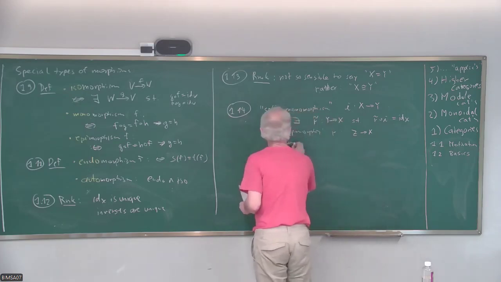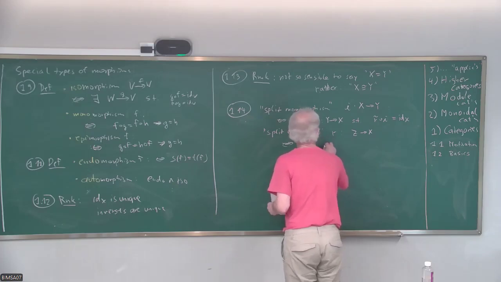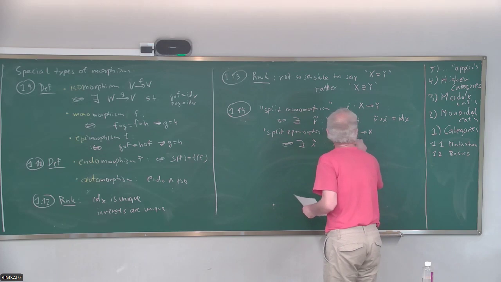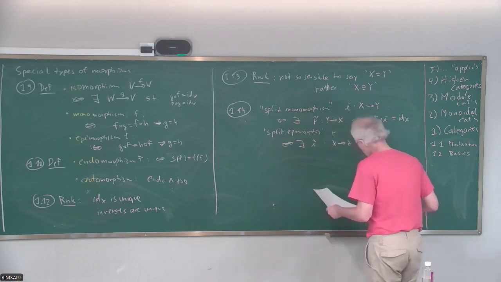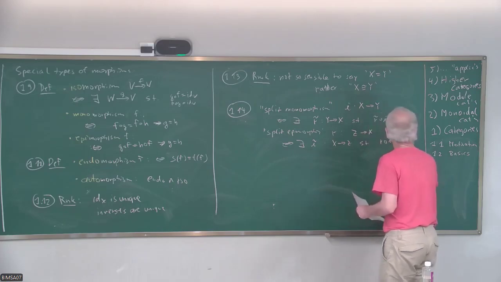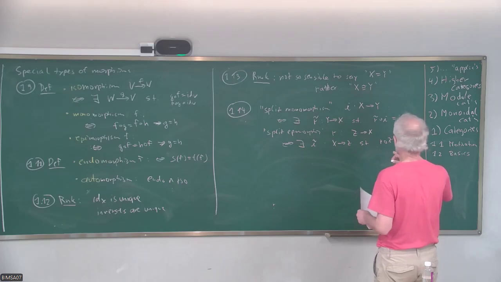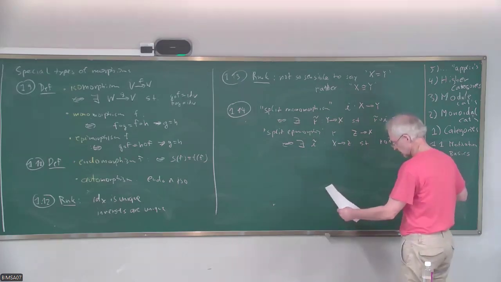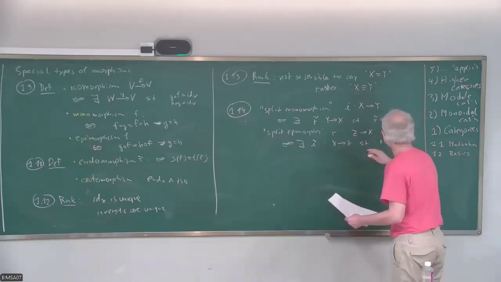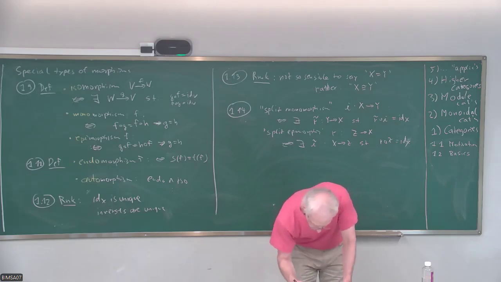It's one where there exists an I tilde from X to Z, such that R composed with I tilde is the identity on X.